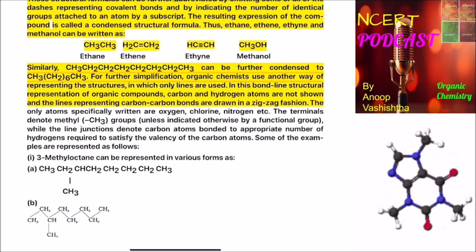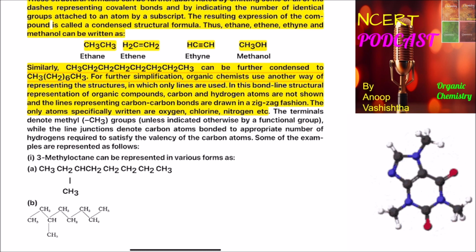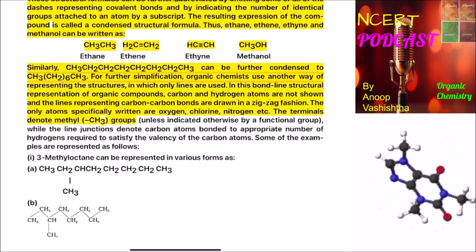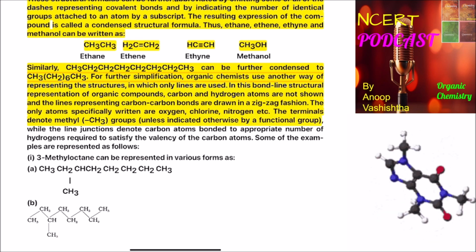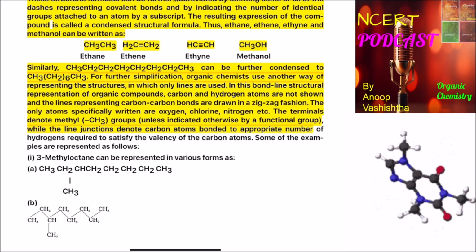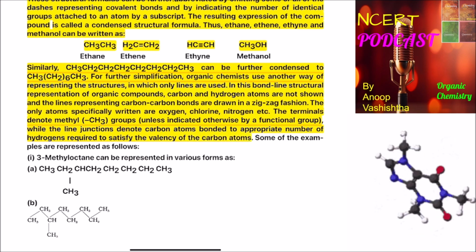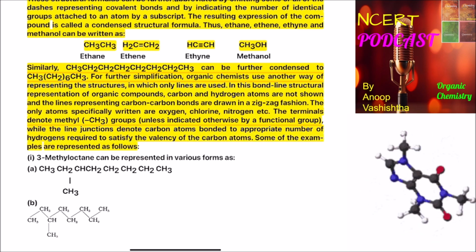The only atoms specifically written are oxygen, chlorine, nitrogen, etc. The terminals denote methyl CH3 groups unless indicated otherwise by a functional group, while the line junctions denote carbon atoms bonded to appropriate number of hydrogens required to satisfy the valency of carbon atoms. Some of the examples are represented as follows.